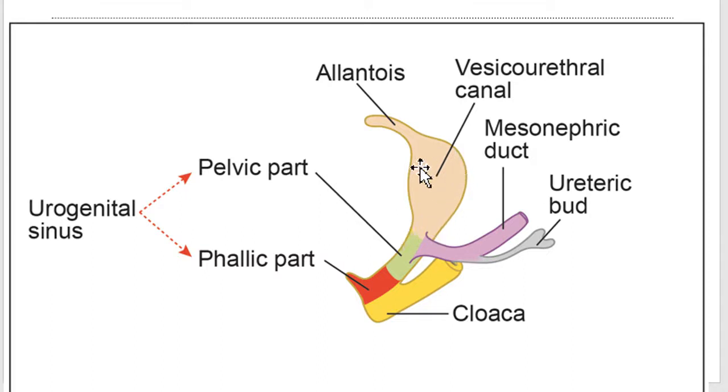The upper dilated part of the vesicourethral canal forms the bladder, and the lower narrow part forms the urethra. The lower part of the definitive urogenital sinus divides into two parts, pelvic part and phallic part.